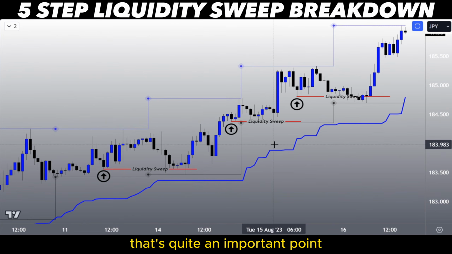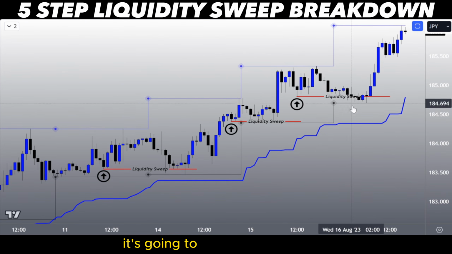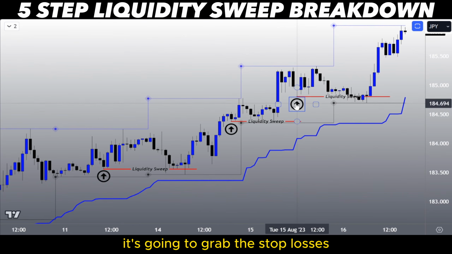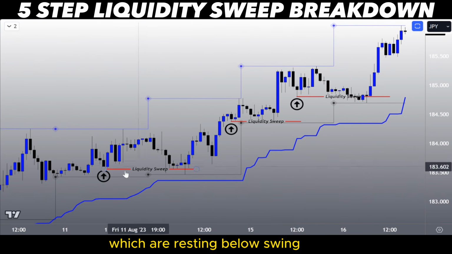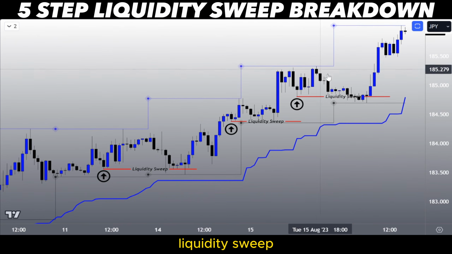That's quite an important point. If you trade supply and demand, which works hand in hand with liquidity sweep, then you need to understand that before price makes a move to the upside, a lot of the times it's going to grab the stop losses which are resting below swing points. So that's liquidity sweep.